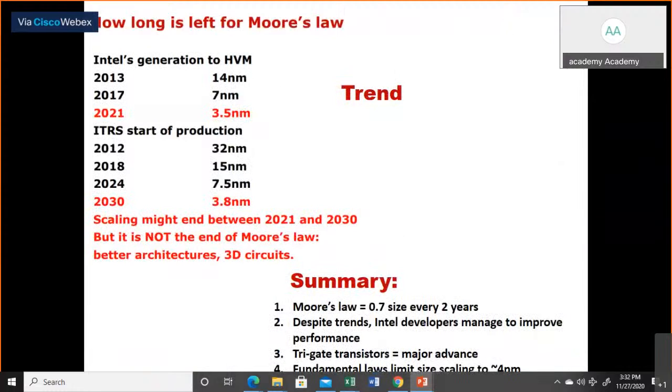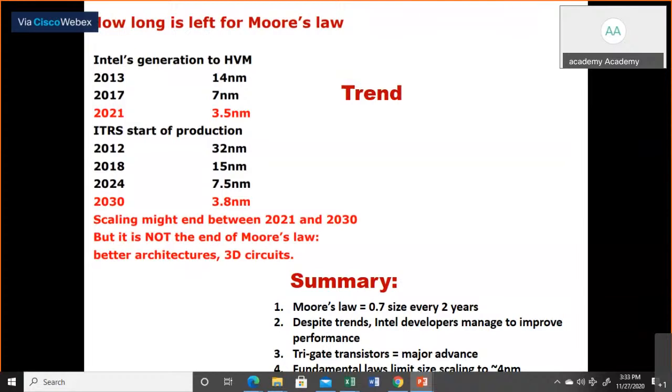So how long can Moore's law go? As we have seen, the trend of CMOS technology is expected to reach 3.5 nanometer devices by 2021, and the ITRS production roadmap goes up to 2030.